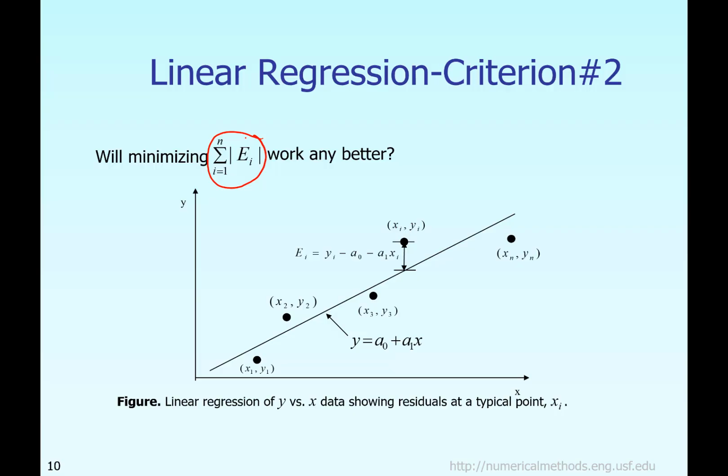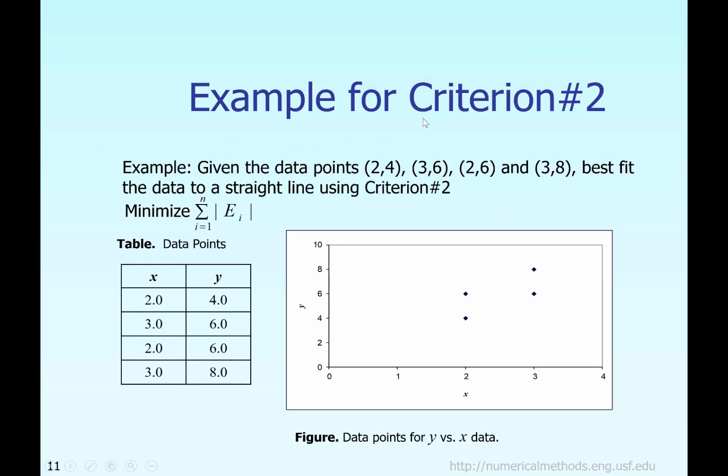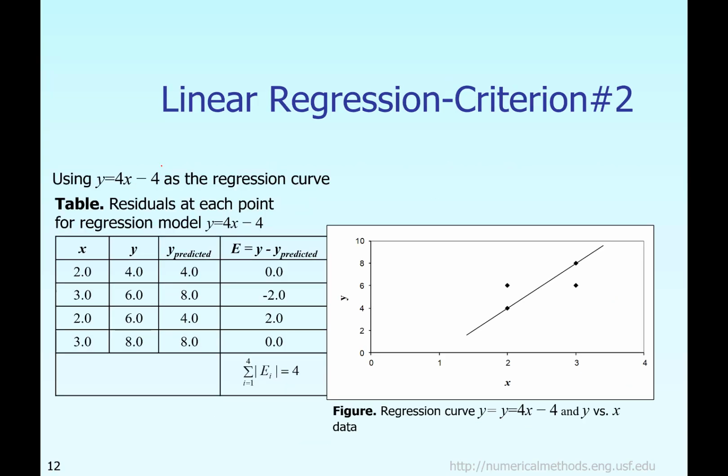So we're going to take exactly the same example with the same data, and use minimizing the sum of the absolute value of the residuals. We have exactly the same table and the same figure as we had for the previous one, and we're going to again choose y is equal to 4x minus 4 as the regression curve, which explains this data as the best fit.